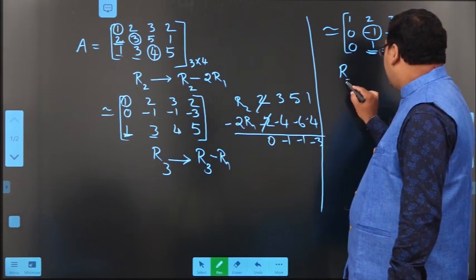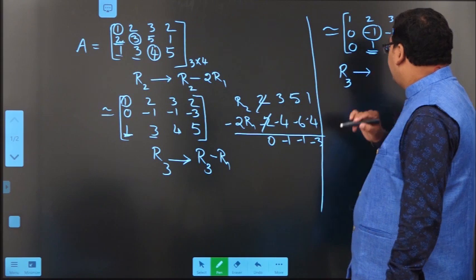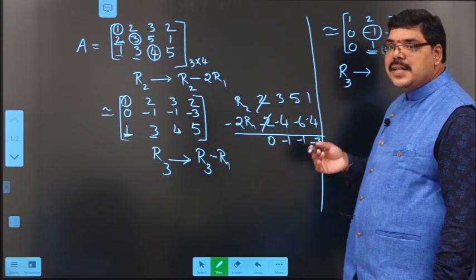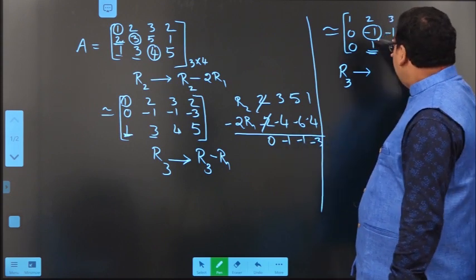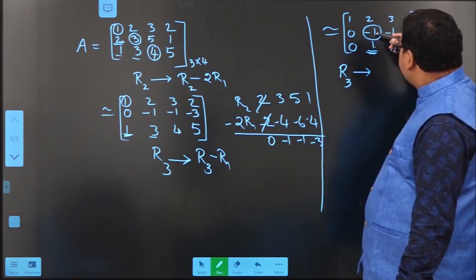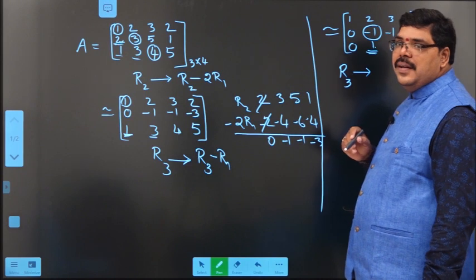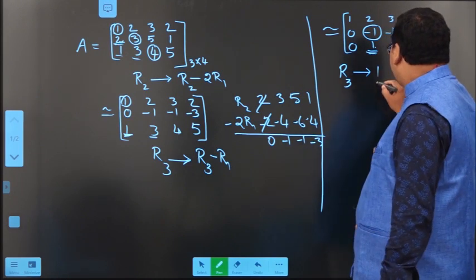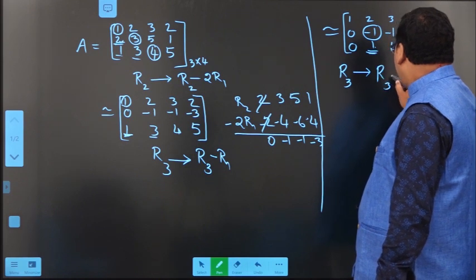So, I am changing the third row. To convert this, which row am I using? The second row. So, see here, this is minus 1, this is plus 1 and this is minus 1. If I add them, the result is 0. So, the row operation is simple, R3 plus R2.